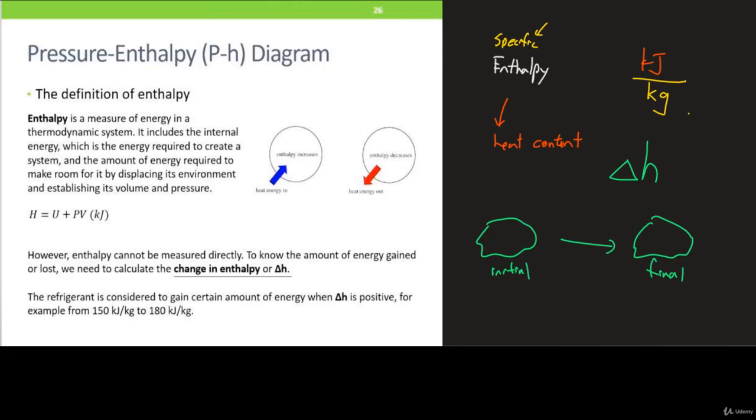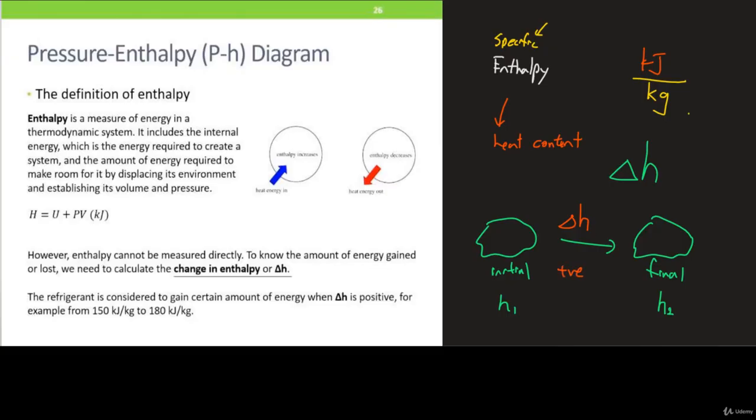Initially, there's an enthalpy value, we call it H1. After you do something to it, maybe you heat it up or you compress the gas, there is a change in enthalpy. This change in enthalpy will tell you whether there is a gain or a loss in heat energy.